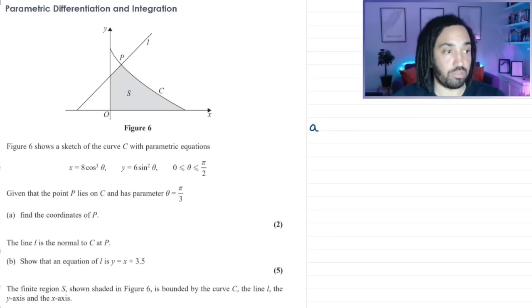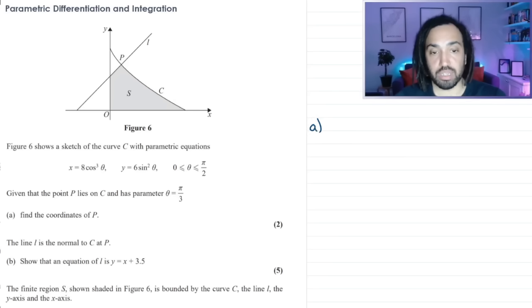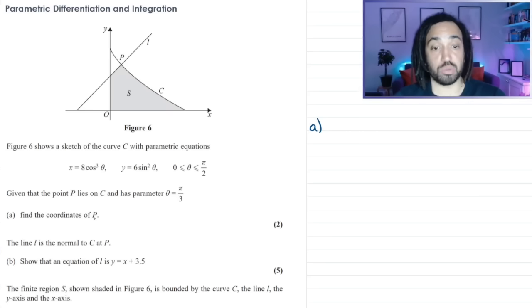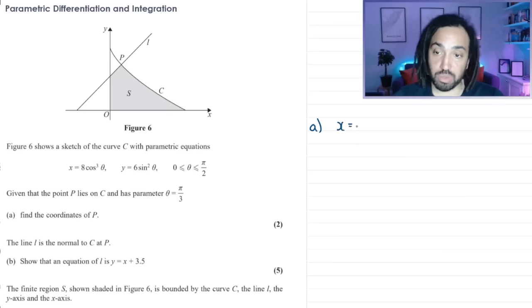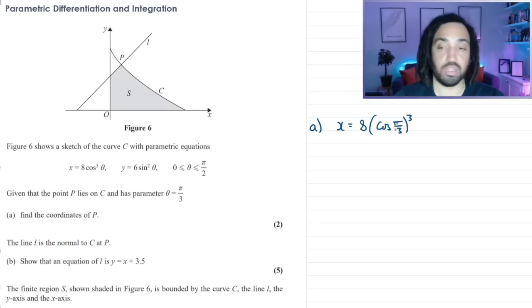Okay, so let's start off with part A. It's basically asking us to find the coordinates of p when theta is equal to pi over 3. So we're just going to sub that in to the x and to the y. So we're going to get 8 lots of cos pi over 3 cubed, which you can literally just put into your calculator and it gives you 1.